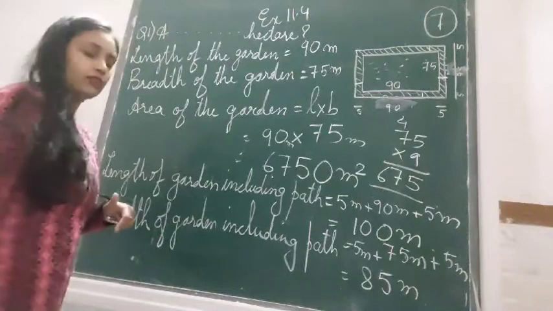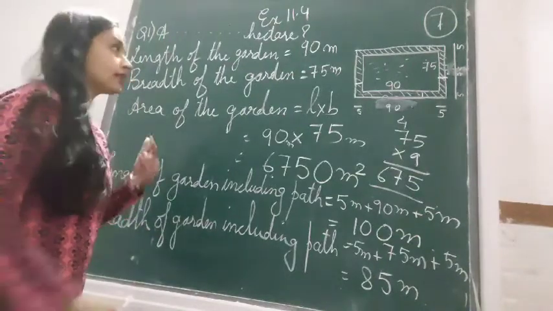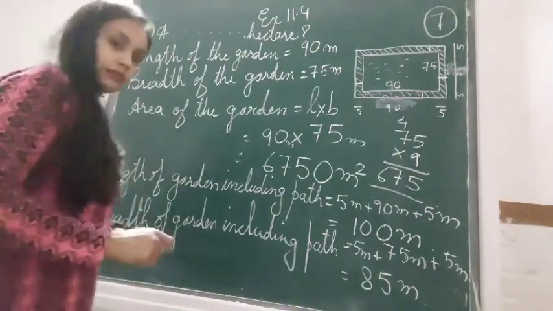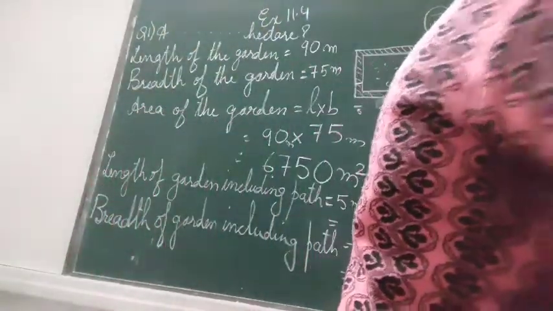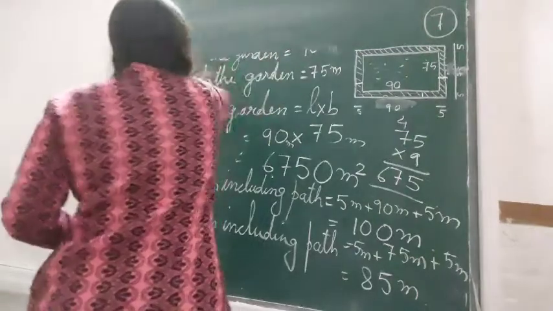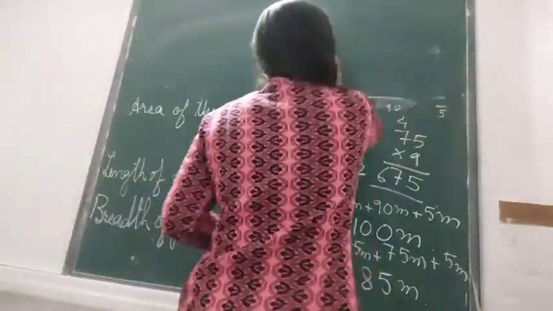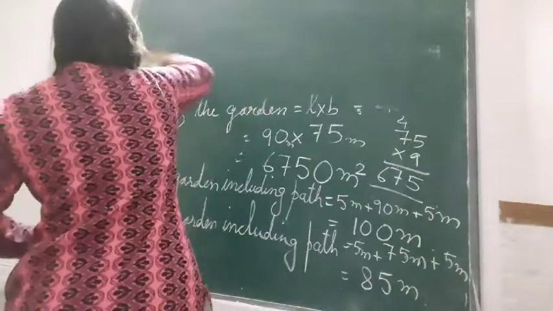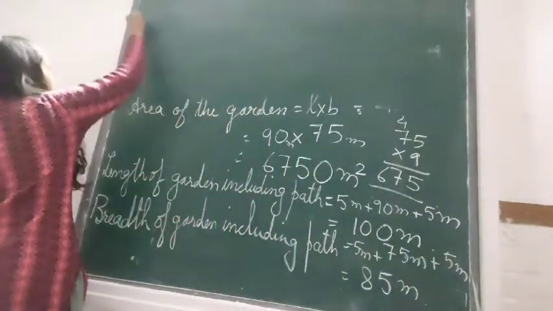Okay, now we find out the area of the garden including the path. Let me erase the board. You have to make this diagram. So now we'll write area of the garden including the path.